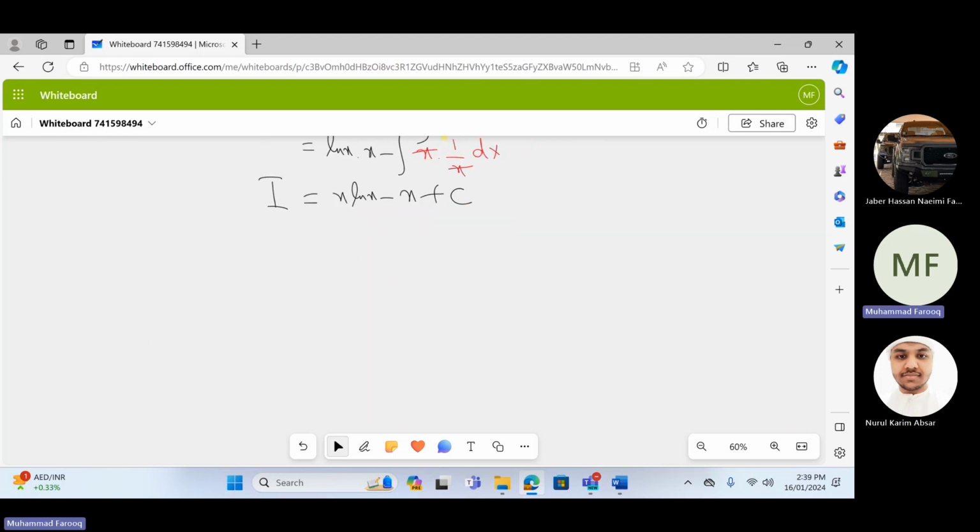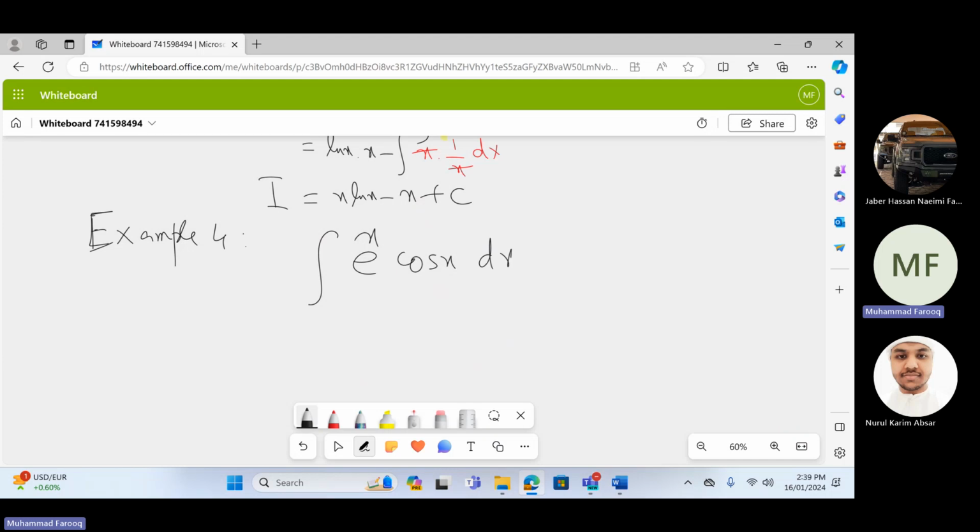You have that book, please? Okay, because I need one more example. Which example number, please? Example number 4. The question is: integrate e to the x cosine x dx.